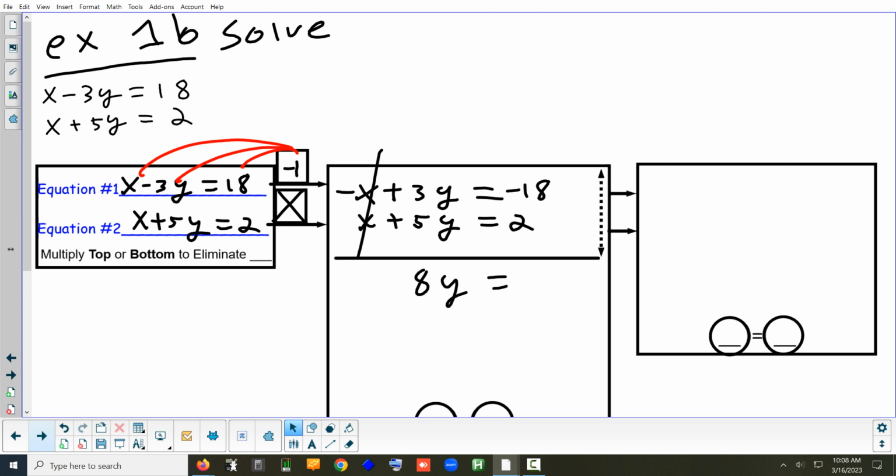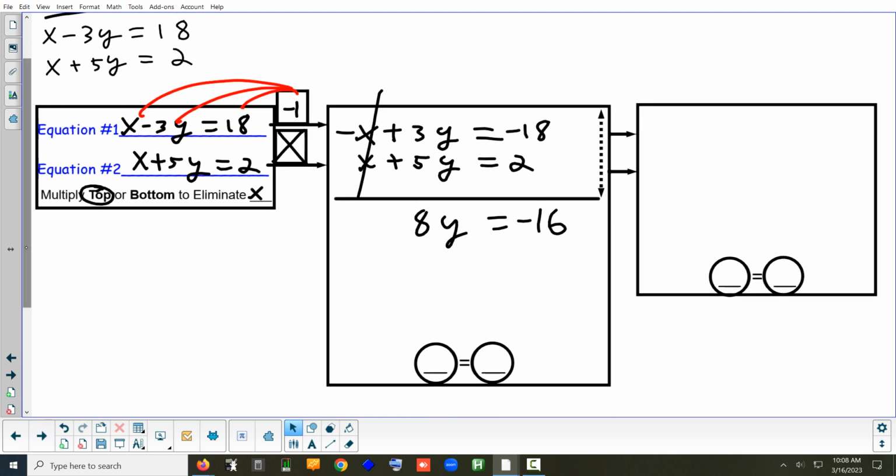And Alyssa, when I add up my third column? Perfect. -16. Okay, so the x is eliminated. That's what this little thing here is to fill in. So don't worry. We multiplied the top equation and we eliminated the x's. You don't have to fill that in. But that's what we did.